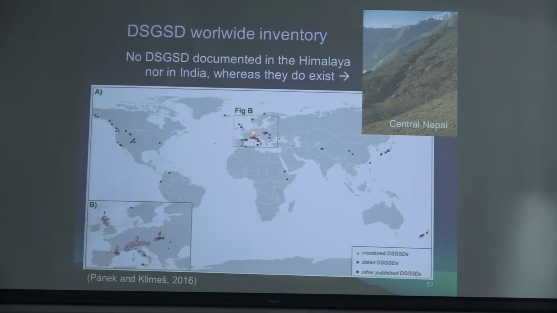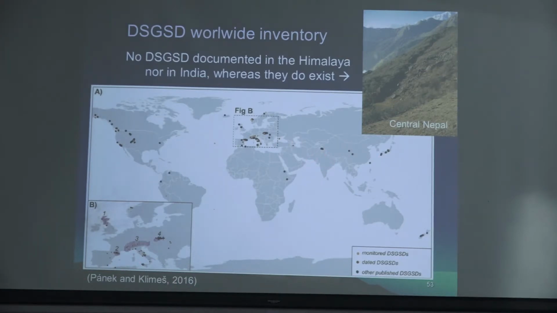This kind of object, the DSGSD, very large rock slides, have been documented mostly in Europe and North America, and you see that there is almost nothing documented in the Himalaya, according to both authors.